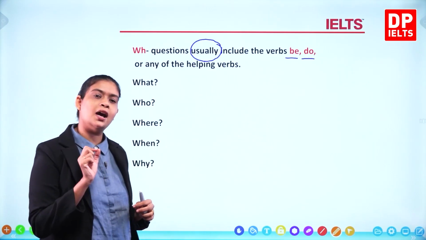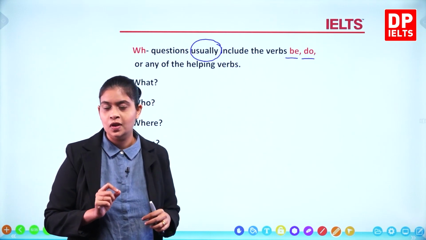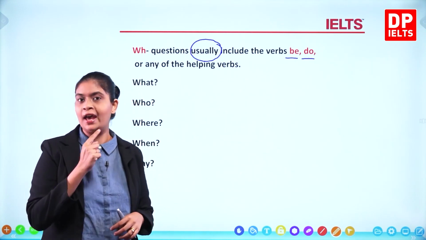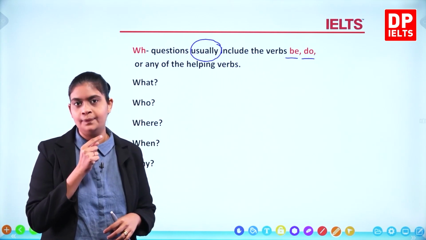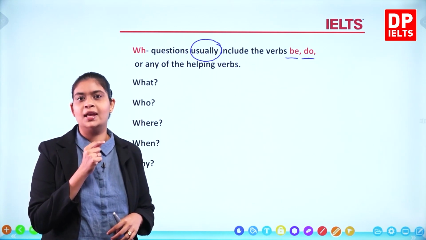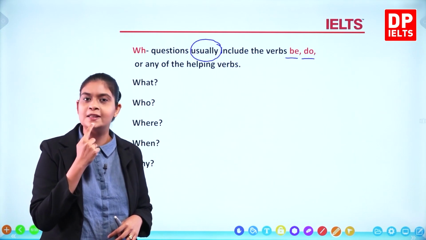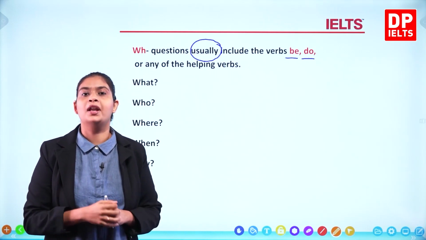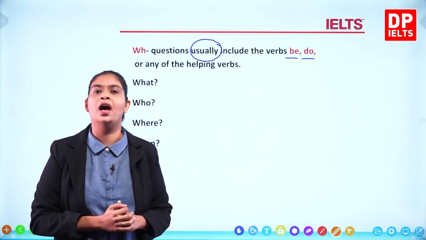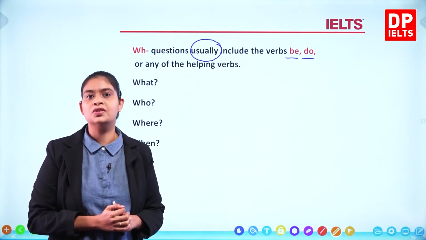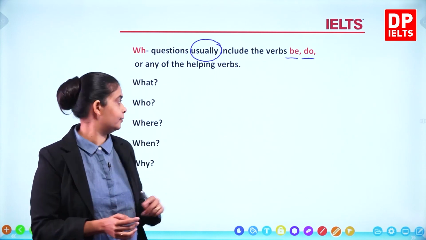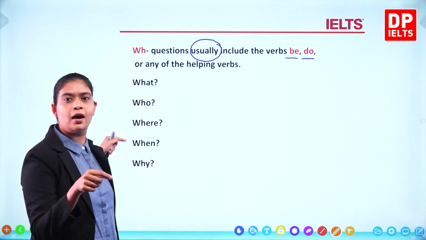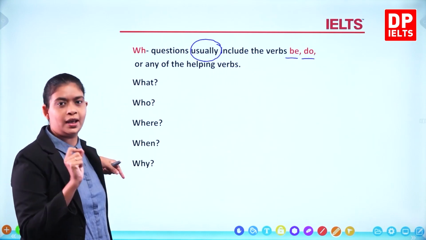Another thing that I want you to focus on is the pronunciation of these words. If you have a look at my mouth, I don't say what is your name, when, where. I don't bite my lip. I nicely make it like what. What is your name? Where? So what, who, where, when, why.